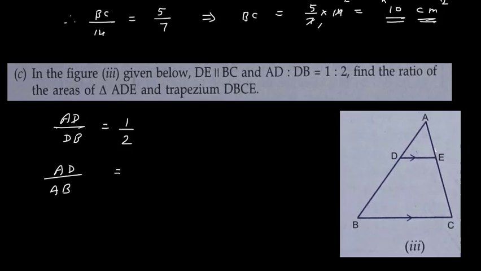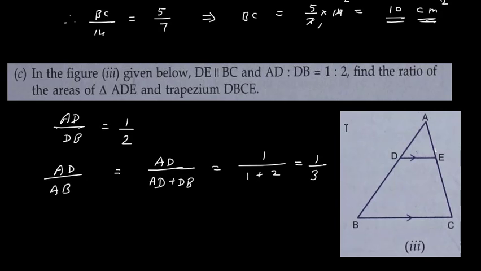So this AD upon AB is nothing but it is AD upon this AB I can break as AD plus DB. Okay. So if I consider this AD as 1, so here AD will be 1. And when I am considering AD 1, DB is 2. So this AD upon AD plus DB can be written as 1 upon 1 plus 2, which is 1 upon 3.